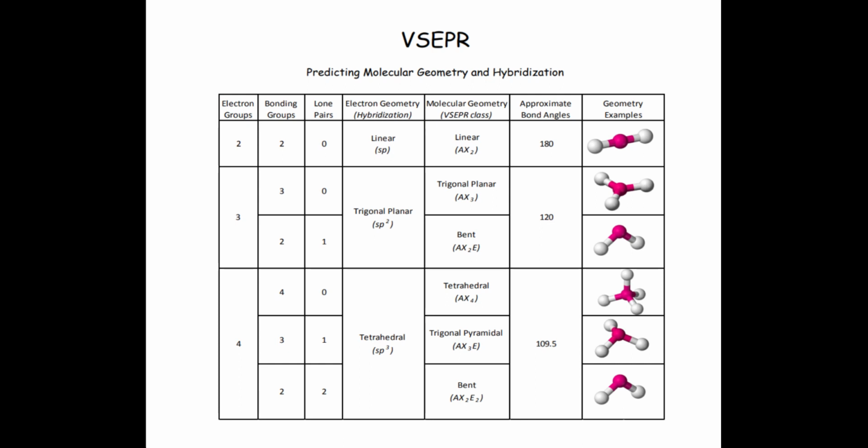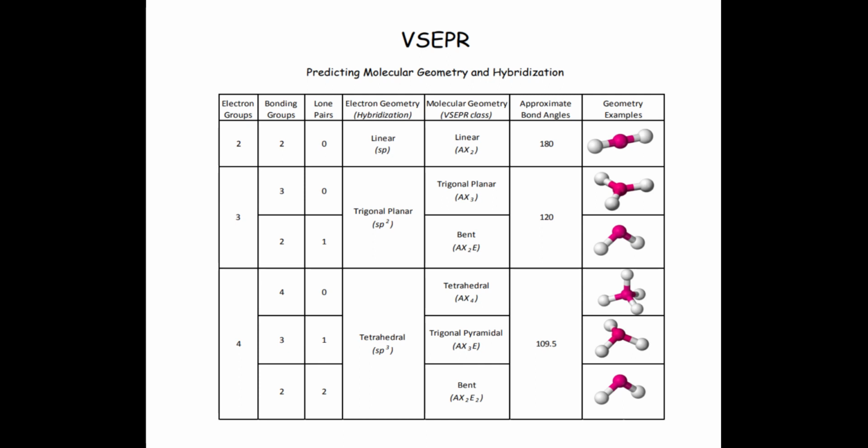So this is a bent shape instead of a linear shape. The earlier one has 2 atoms but no lone pairs, so it's linear. But if you stick a lone pair in there, those electrons are going to repel the electrons in the bond, and they're going to bend away. So this is how you would use this table to figure out what shape you have.